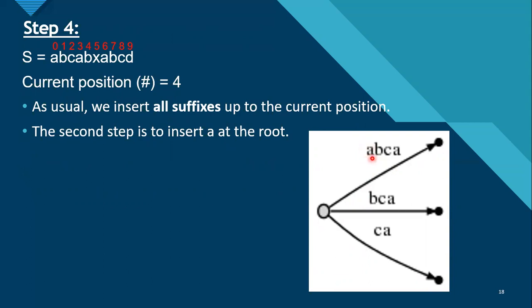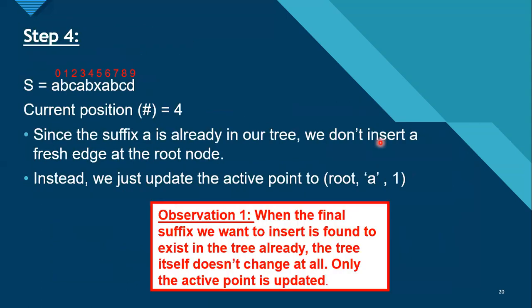So in that case, we don't change anything about the structure of the tree, but we just update the active point to be root A1.